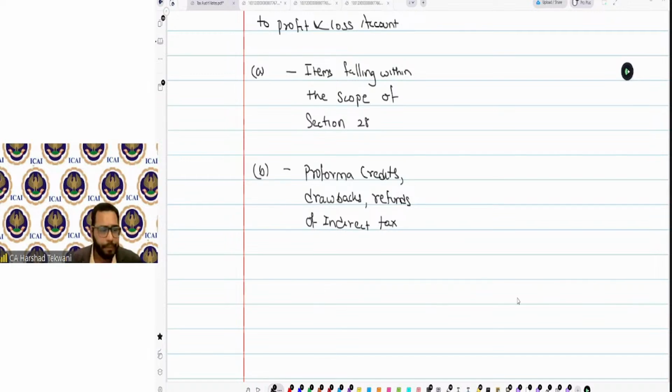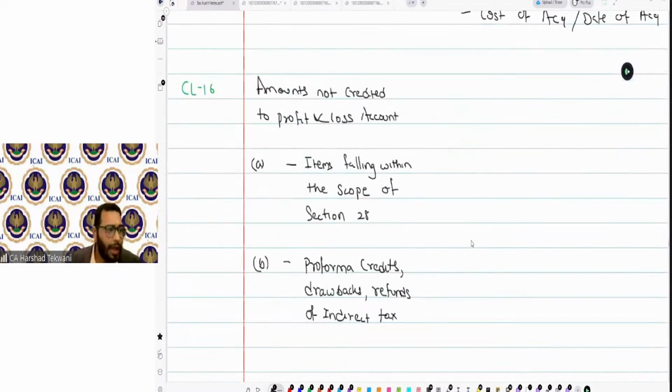In that case, if you have received any such credit and that amount is not credited to the profit and loss account, it is reported.